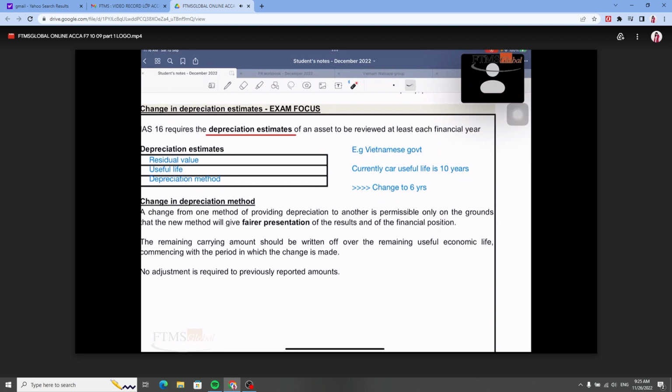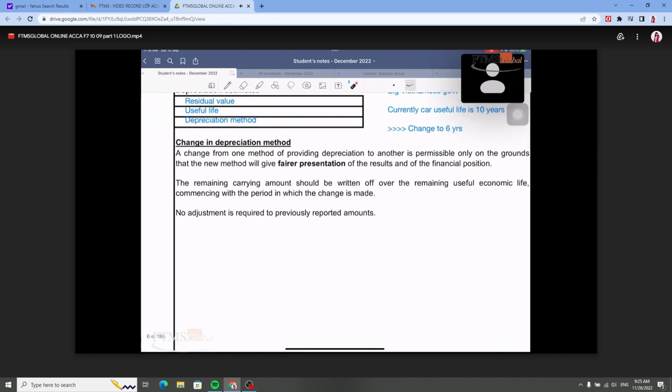If the question states there's a change in residual value, useful life, or depreciation method, this is what you need to do. Firstly, the first thing is to calculate the carrying value at the date of change.